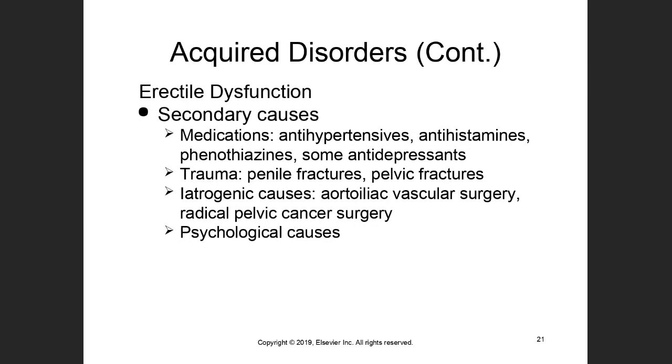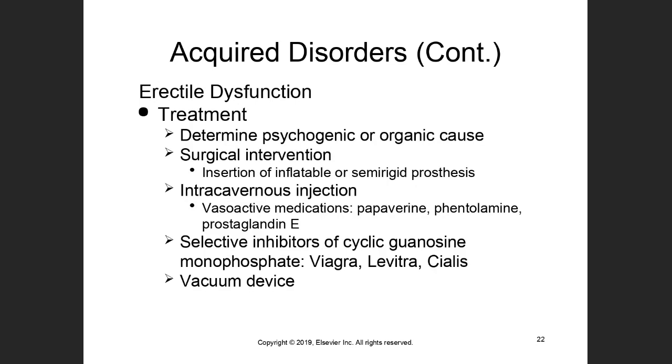Okay, trauma, also a pelvic fracture, iatrogenic causes like arterial vascular surgery, radical pelvic cancer surgery, and psychological causes. The treatment: you have to evaluate whether the patient has a psychogenic or organic cause. Okay, if the patient has an organic cause or psychiatric problem.